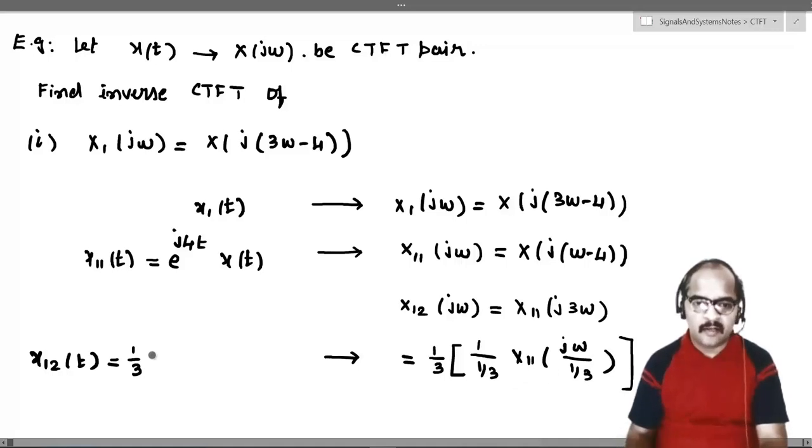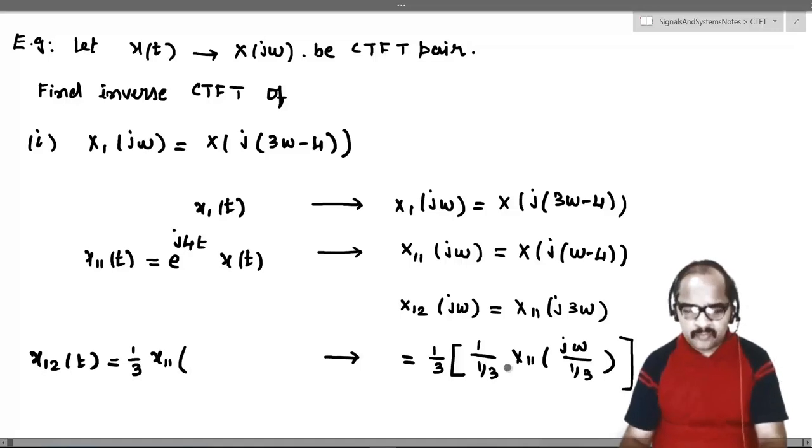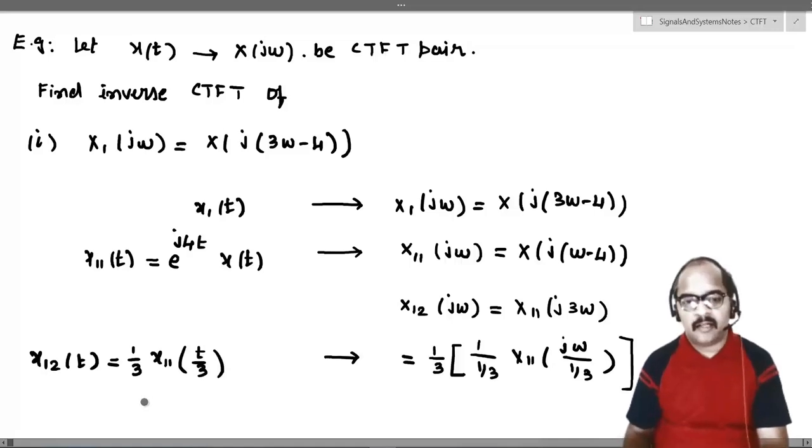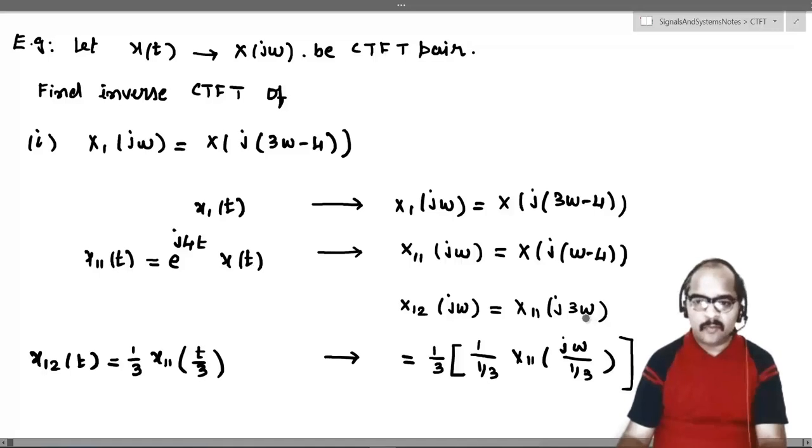Which signal will have that as a Fourier transform? x11 of at, where a is 1 by 3. So you will get x11 of t by 3. So 1 by 3 times x11 of t by 3 will have x11 of j3 omega as the Fourier transform.